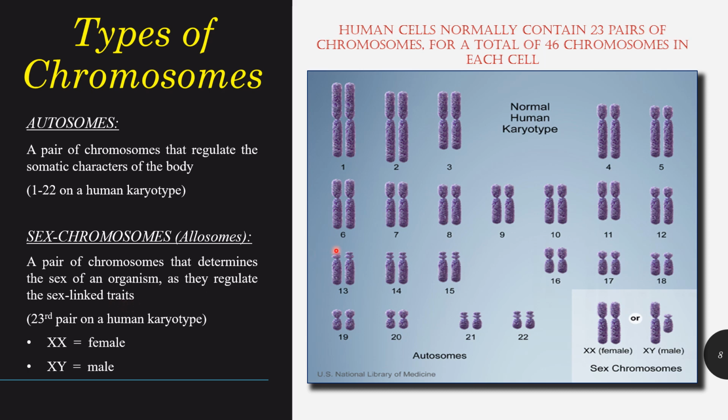For example, have a look at the karyotype of a human cell. There is a total of 46 chromosomes, or you can say 23 pairs, in the human genome.